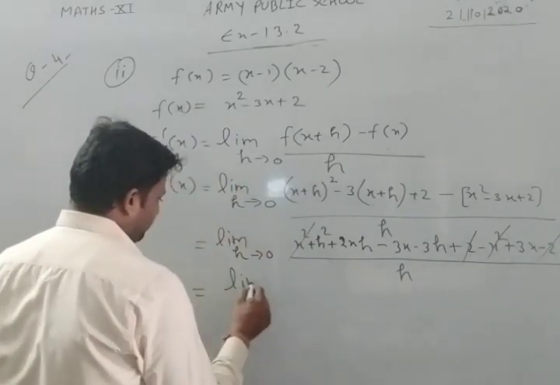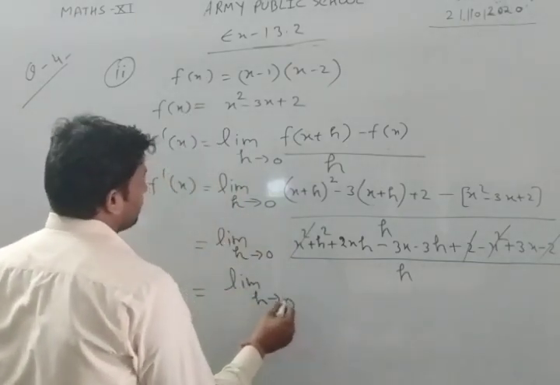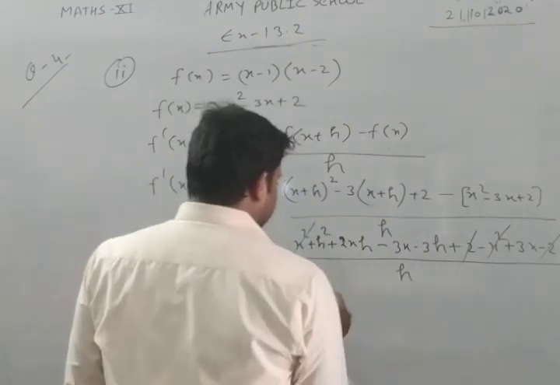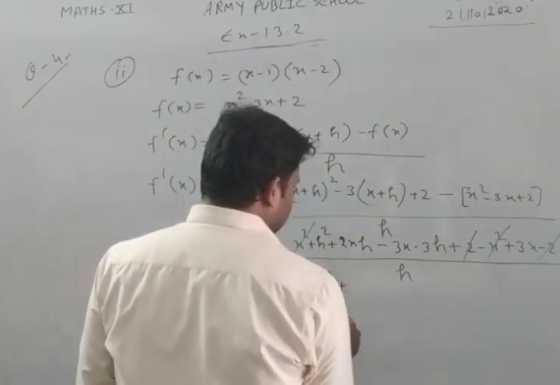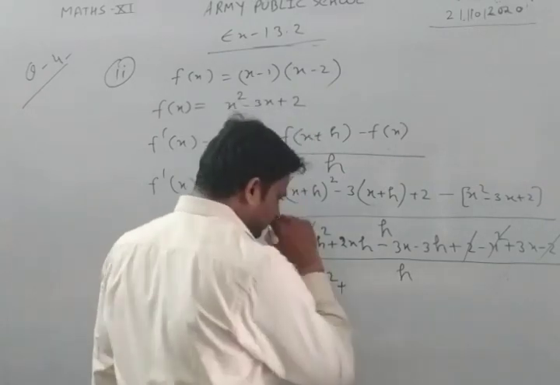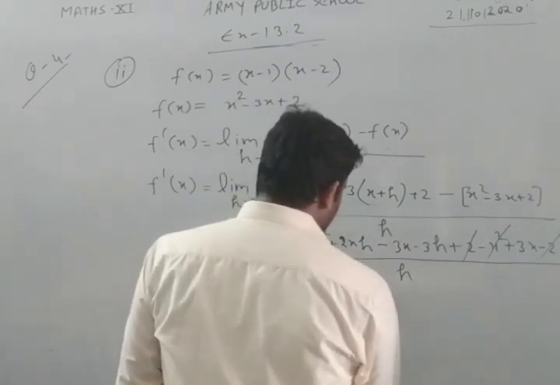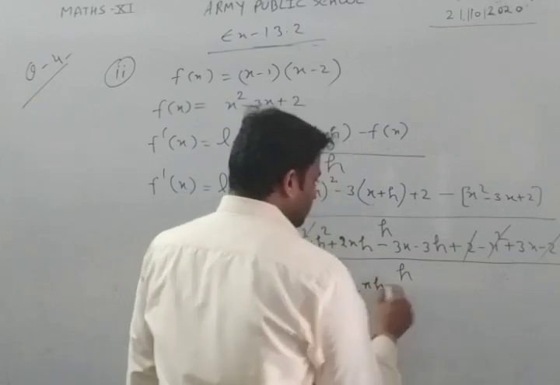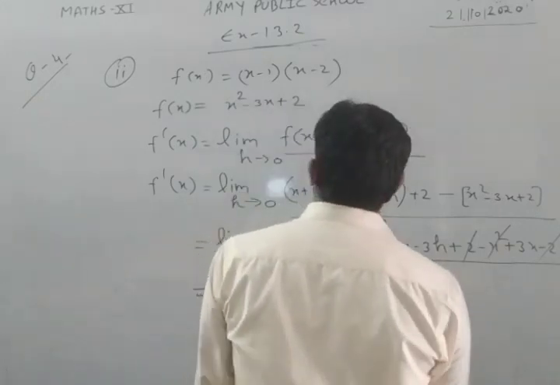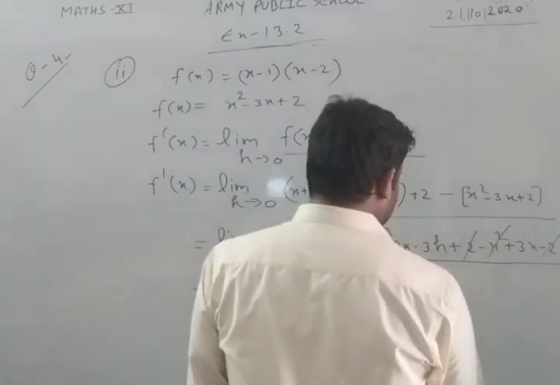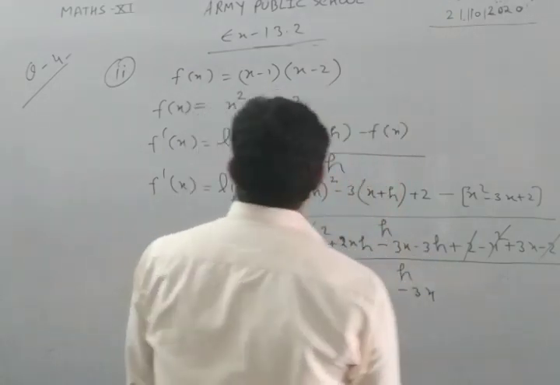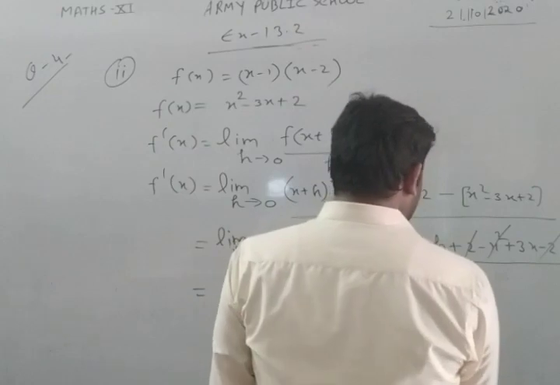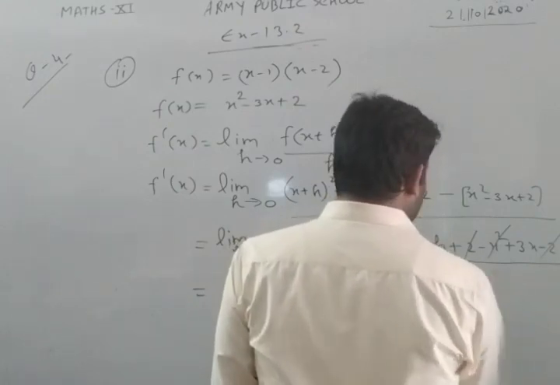Limit h tends to 0, we get h square and 2xh minus 3x, and this is 3x and 3x.